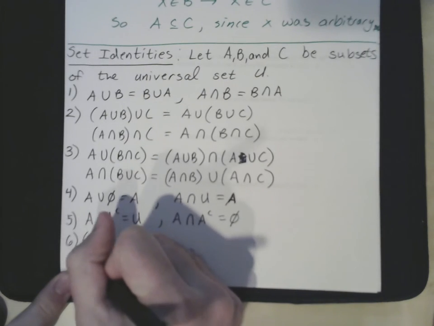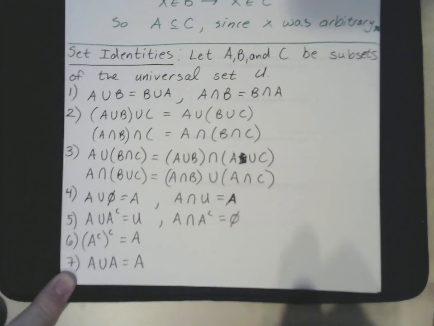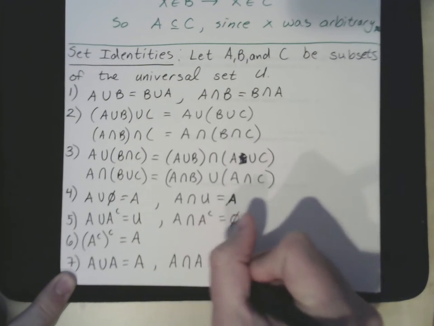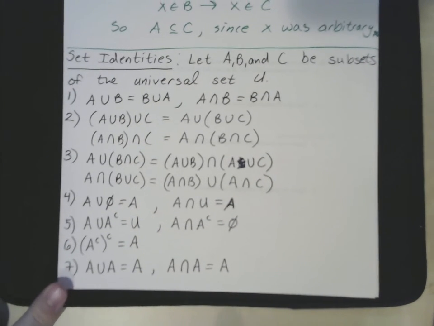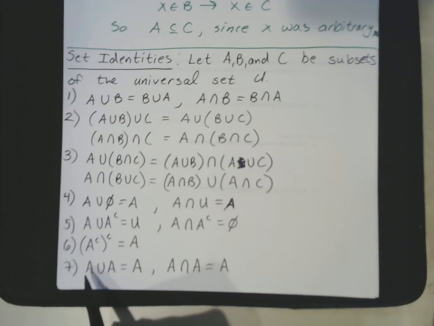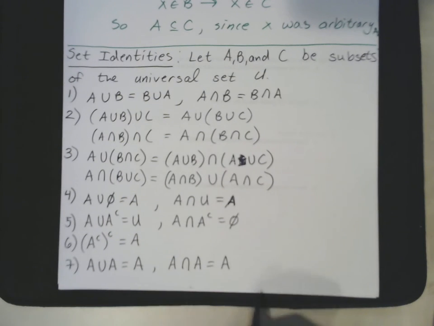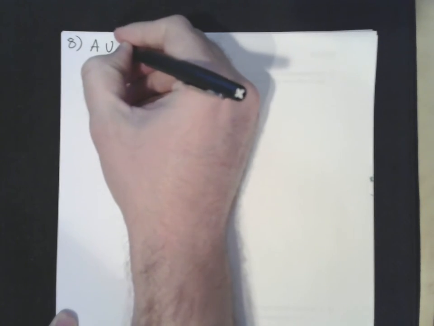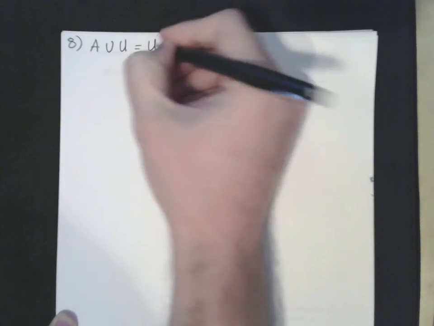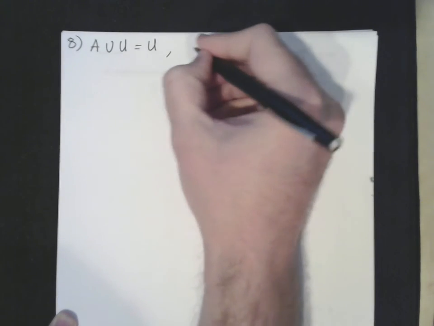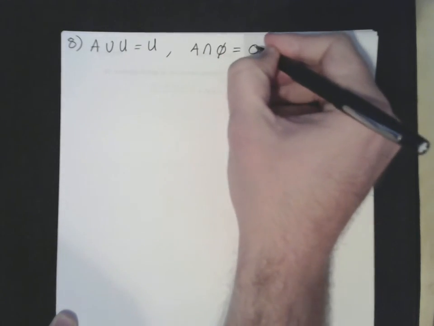Number 7 here, A union A is just A, and A intersect A is also just A. If you take everything from A and you combine it with everything from A, you still only have things from A. And if you take everything in A and then you intersect it with everything in A, you're going to be left with everything in A. So both of these equal A. Number 8 here, A union the universal set is going to equal the universal set, and A intersect the empty set is going to equal the empty set.